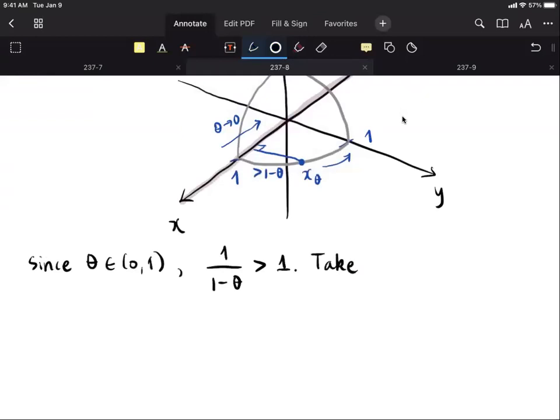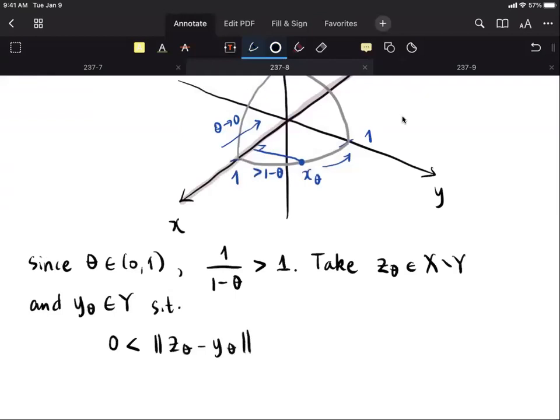It is possible to take an element, say z theta in X minus Y, and y theta in your subspace, such that the distance between these two is less than this number greater than 1 times the distance of z theta to Y.